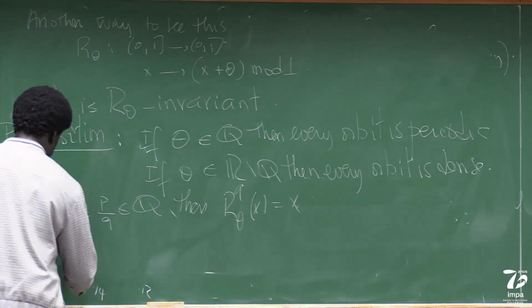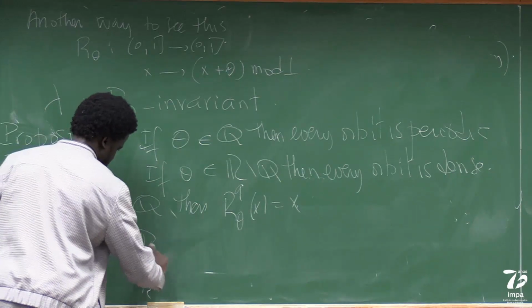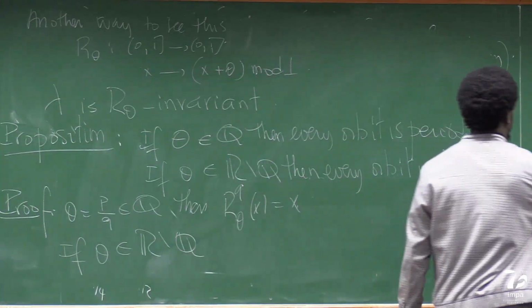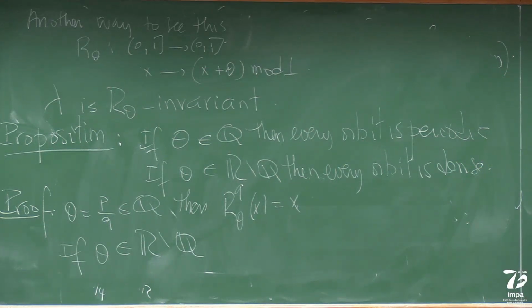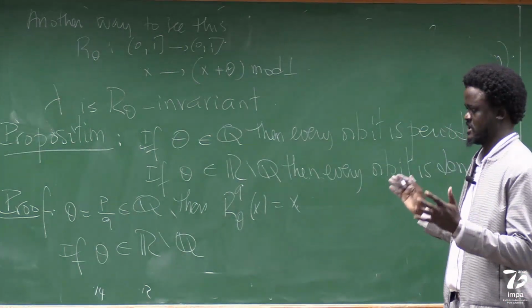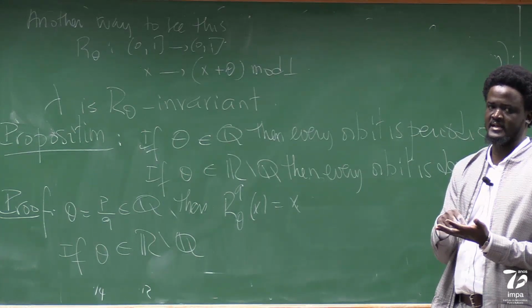Now, if theta is not rational, how to prove that every orbit is dense? So for theta irrational, at least we can say that every orbit is infinite, because if an orbit is finite, it has to close up.